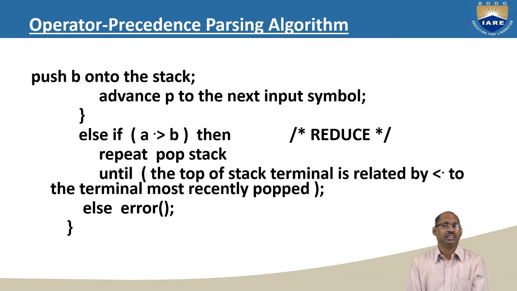So we perform shift and reduce, the same concept as the shift reduce parsing method, and using these precedence relations we overcome the drawback of the simple shift reduce parsing method. So this is the operator precedence parsing algorithm.